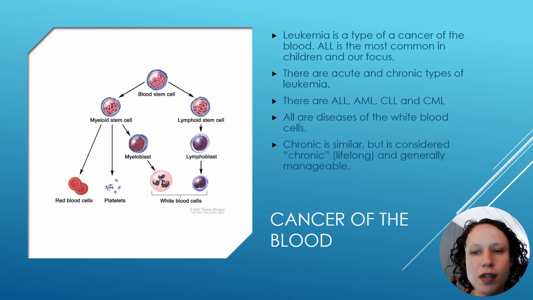So leukemia is one of the cancers of the blood. It's one of the main cancers of the blood, one of the ones that you'll hear the most about. And you might hear us constantly explaining that we're just going to talk about this one type of cancer. That's because, as you can see, there are so many different types of cancer that have to do with just specific different types of cells within our body.